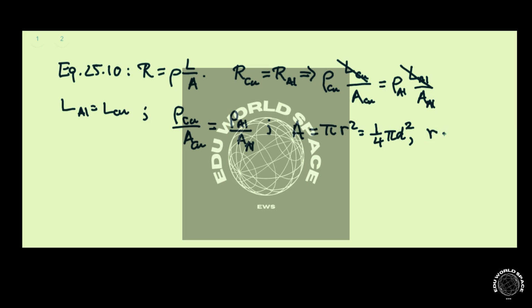I just used that the radius is half of the diameter, so that when you square this, you get 1/4 d squared. We'll use this in just a second, so let me just focus on this equation a little bit. From here, let me rewrite it.